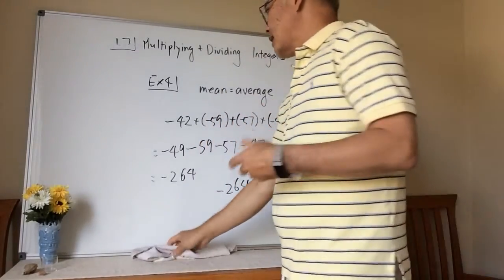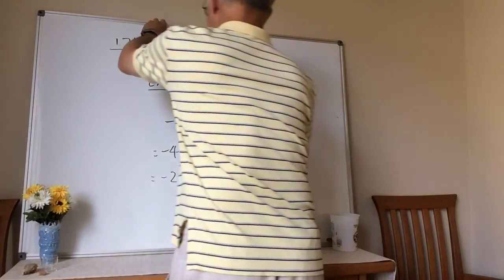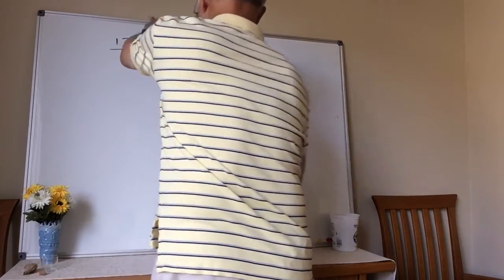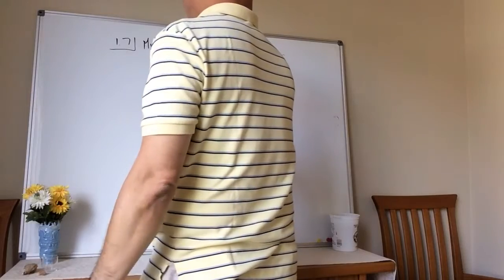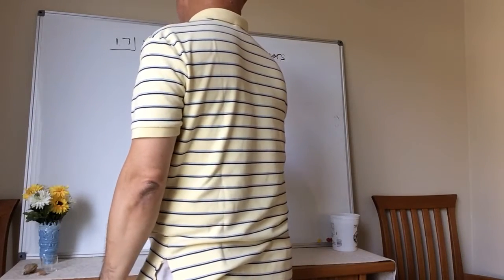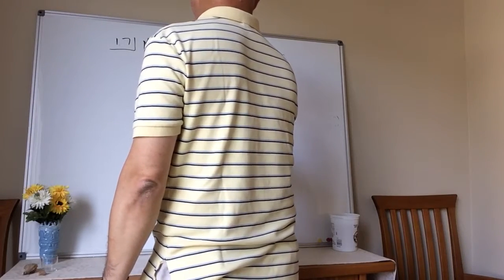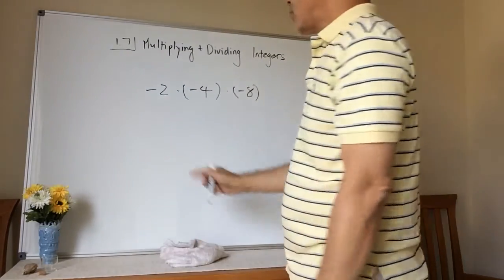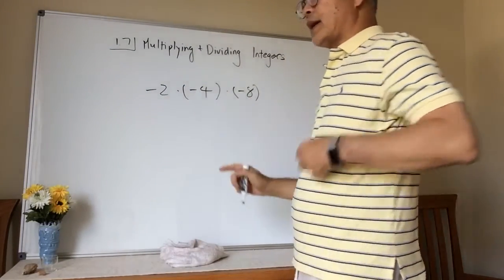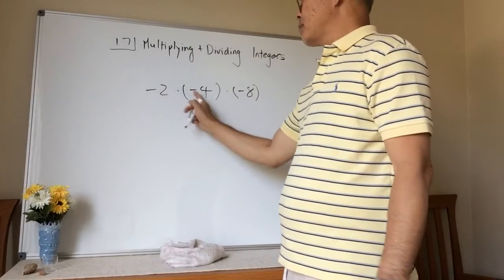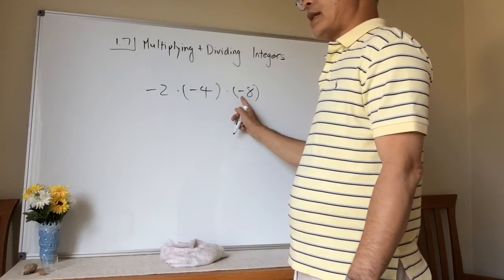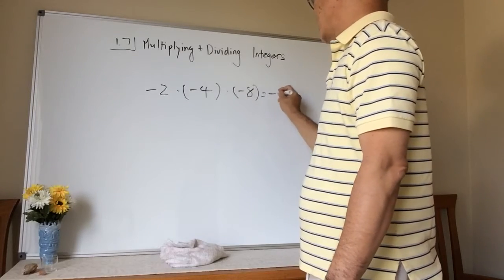Okay, so let's say I asked you to multiply negative 2 times negative 4 times negative 8. I have 3 negatives. A negative and a negative becomes a positive. Then we have this positive number times a negative number, so we end up with a negative number.